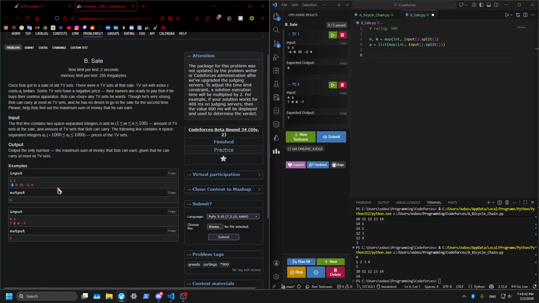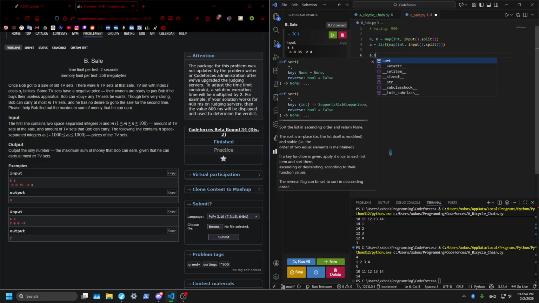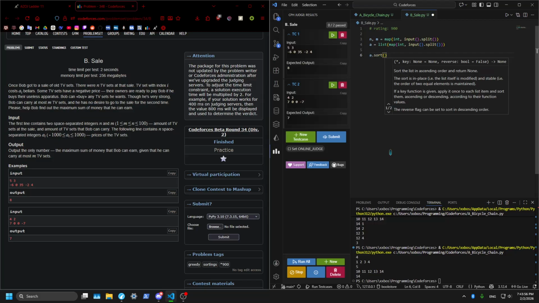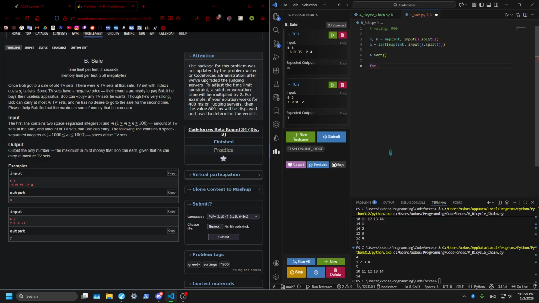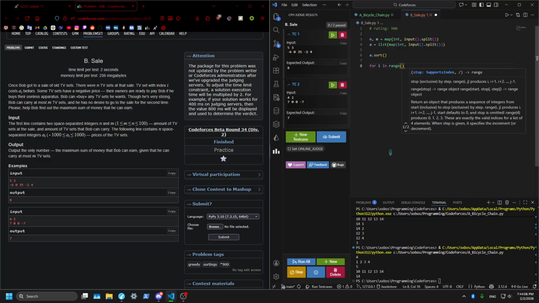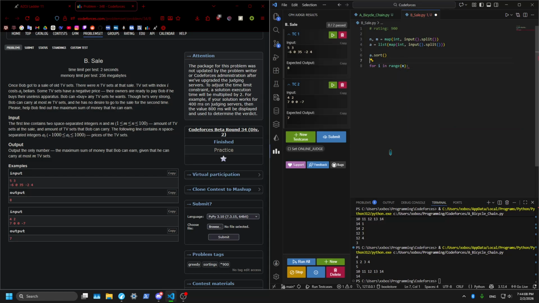So you basically just want to greedily take the negative ones. And if they're positive, you just don't want them. So you can just sort, a dot sort. And then for i in range m, earnings equals 0.